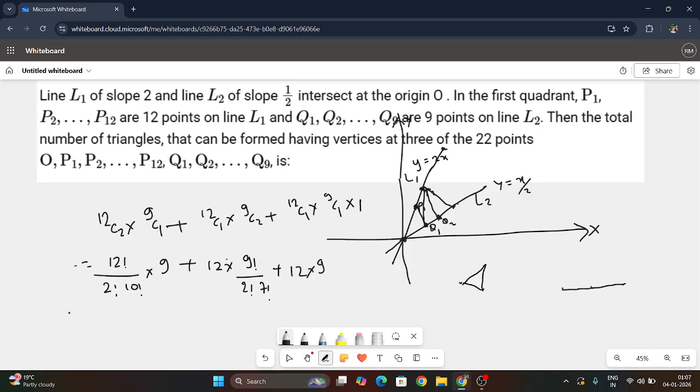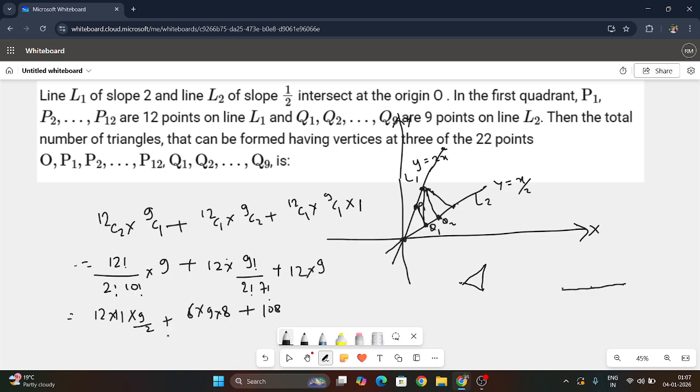Okay, now let's do it. So 12 multiplied by 11 and 10 factorial, and 10 factorial gets cancelled, and 9 by 2, plus 12, 2 and it's going to be 6 multiplied by 9 multiplied by 8. Okay, 7 factorial gets cancelled.